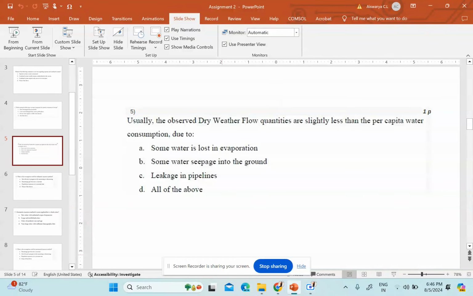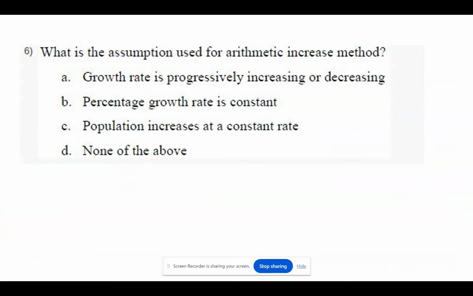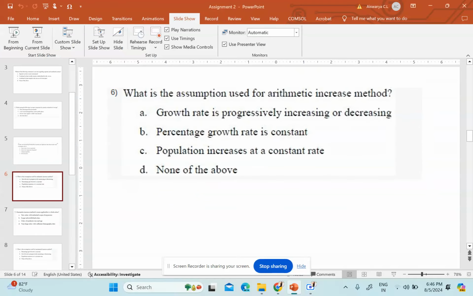Then next question, what are the assumptions used. From this onwards we are going for the mathematical part. Everybody has a calculator?